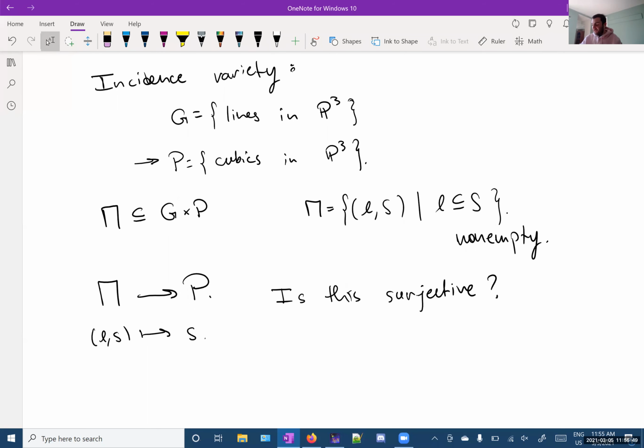Well, after doing some thinking, and actually reasonably elementary thinking that I could outline it here if I had time, we can get that these are both 19-dimensional.